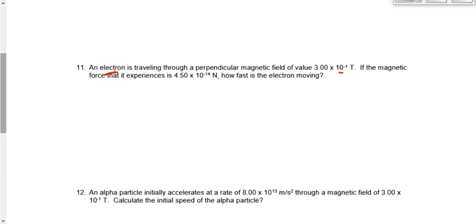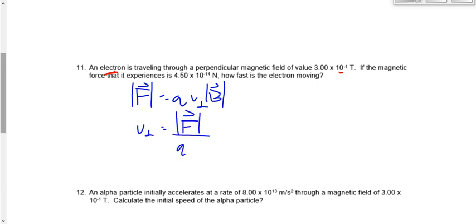Here's the force. How fast is the electron moving? We're just going to say F is equal to QVB. V is equal to F over Q times B. So my force is 4.50 times 10 to the negative 14 newtons. Charge is 1.6 times 10 to the minus 19 coulombs.